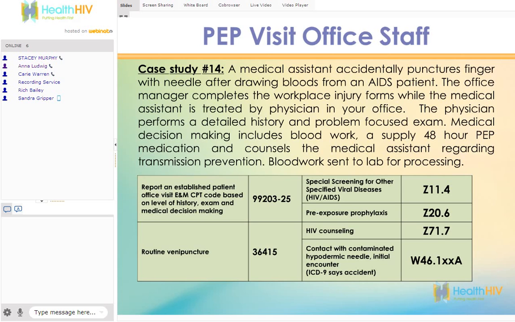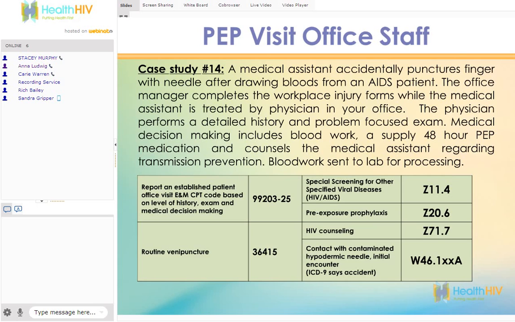This is a new patient visit because there was no record of the medical office assistant having been treated by any of the doctors in this practice. So the 99203 with the modifier 25 tells the payer that the patient had another service, which was the blood work. The principal diagnosis is for screening, Z11.4. You have your post-exposure prophylaxis, Z20.6.